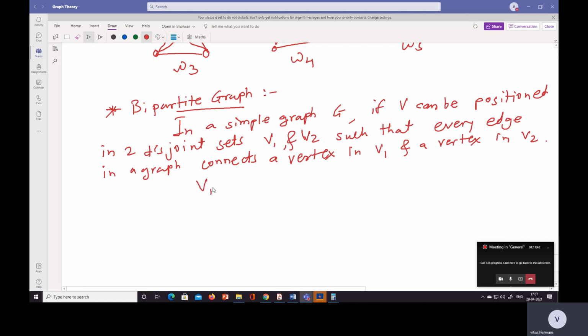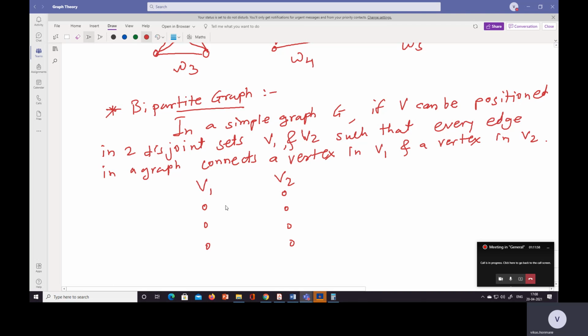So suppose we have multiple vertices and we have divided them into two parts, and these are the three vertices in V1 and four vertices in V2.